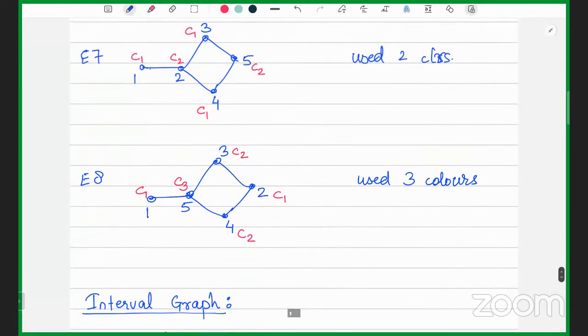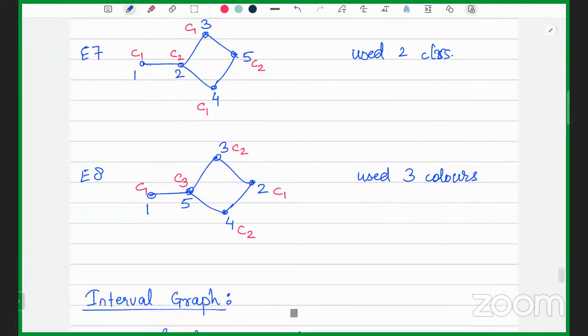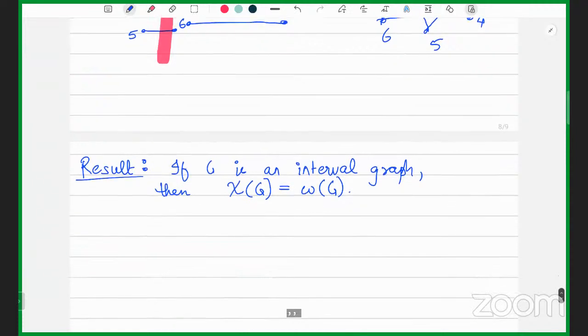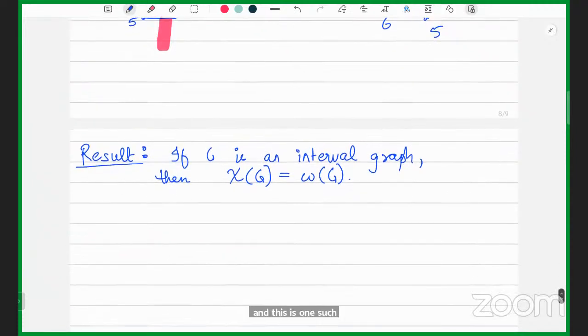Even though the greedy algorithm has defects, where depending on the labeling I get different answers, in some scenarios using it helps us prove results. And this is one such scenario. So here we can use the greedy algorithm, provided we make a good choice of the vertices.